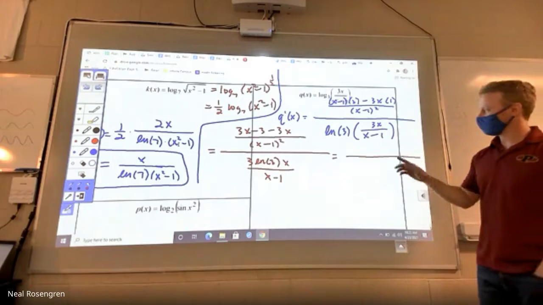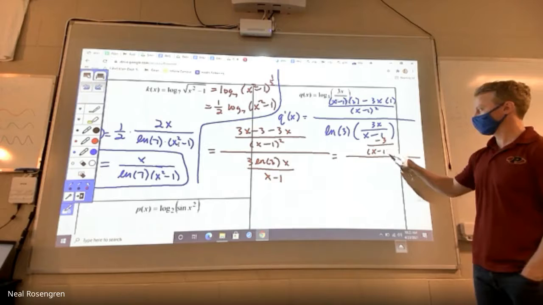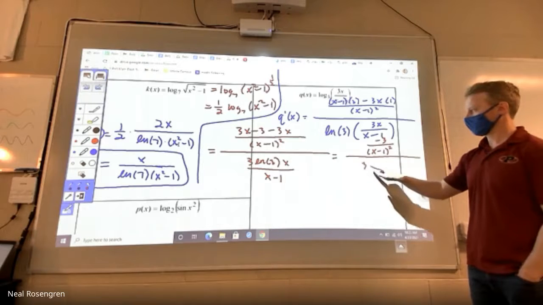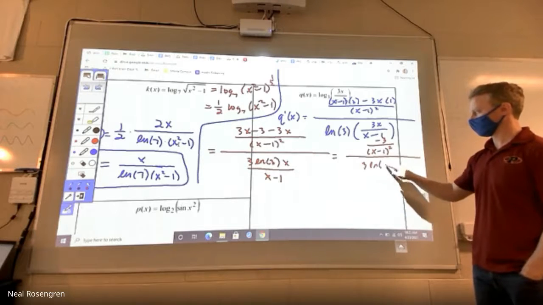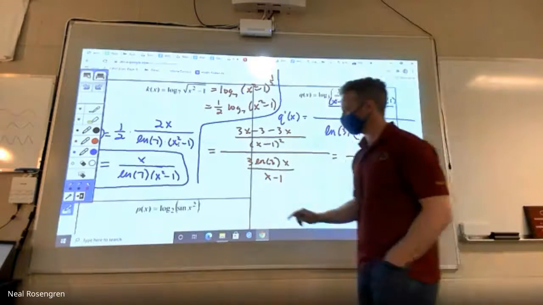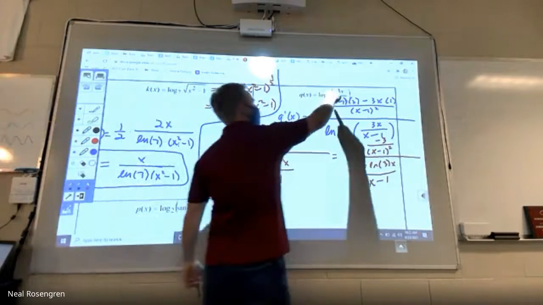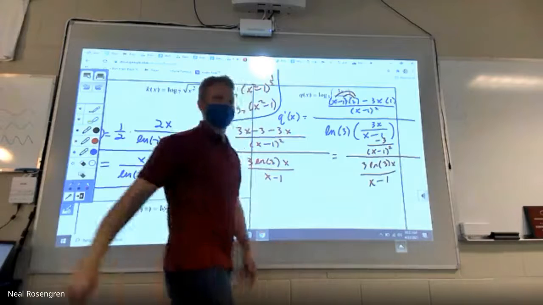The top is nice. It'll just simplify to -3 over x minus 1 squared. This is 3, nothing to do down there just yet, over x minus 1. I distributed the x minus 1 into that 3.